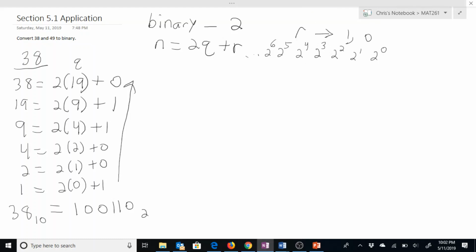So this 0 corresponds to the 2 to the 0th power. This 1 is 2 to the first, 2 squared, 2 cubed, 2 to the fourth, and 2 to the fifth.